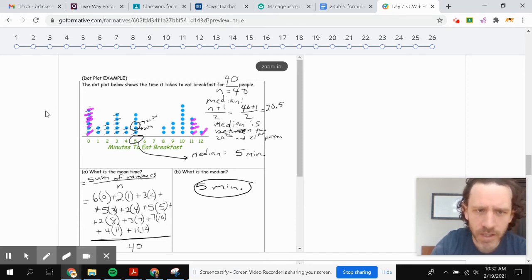How many slashes do I have on the left so far? There's 6, right? And I have 6 on this side now too. Okay, so we can keep going until you get to the middle. All right, it can take a little bit longer, and that's okay.